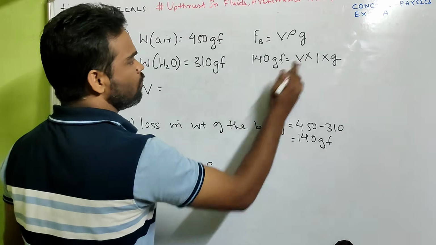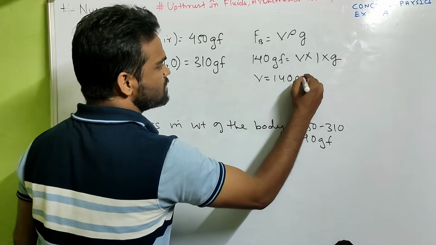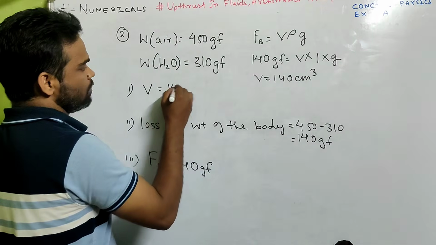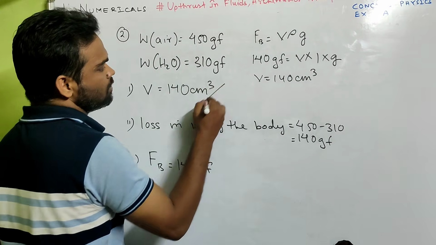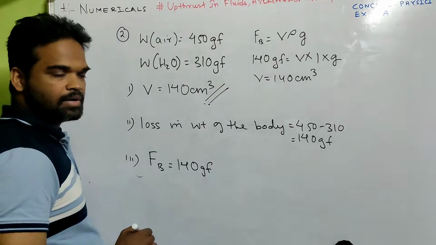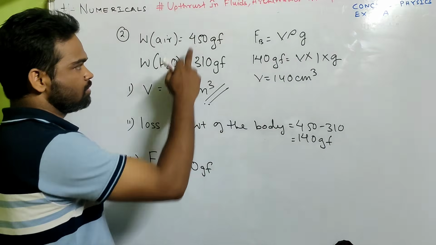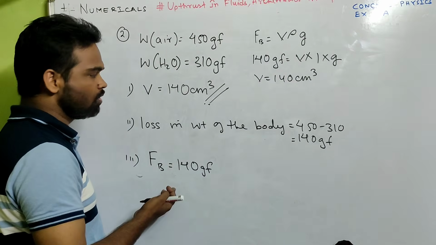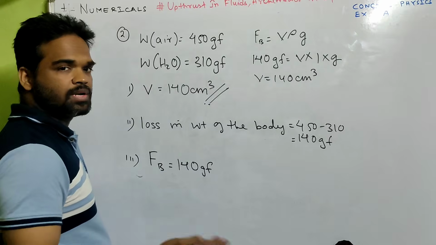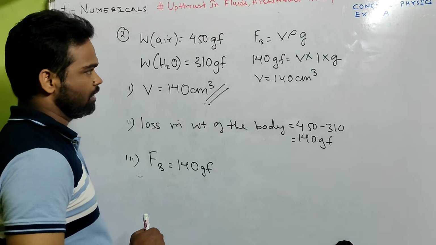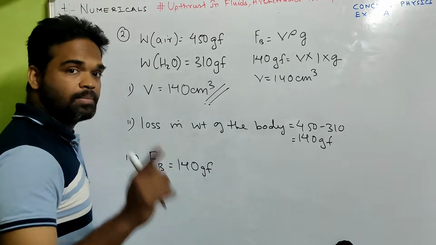Okay, so volume is what? 140 centimeter cube. Done. Loss in weight, you subtract the two, that is upthrust only, and from upthrust we get the volume. Done. Sure.